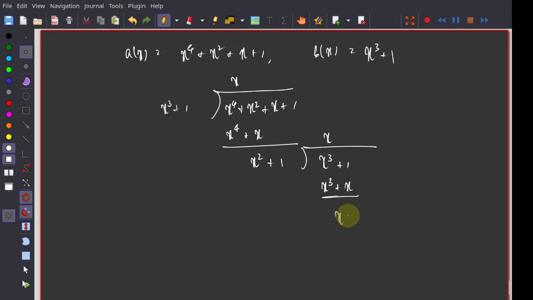The remainder is x plus 1. Can I divide further?